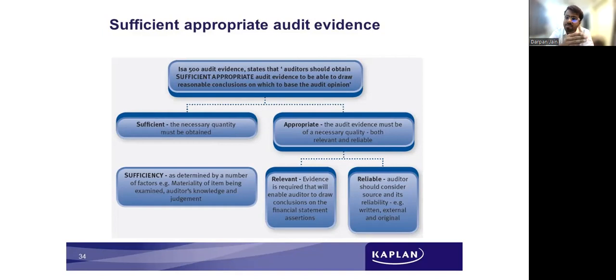We said that if the control risk is high, then you will do what? You're going to increase your substantive procedures. If you're going to increase your audit procedures, automatically the quantity of the audit evidence is going to increase, right?